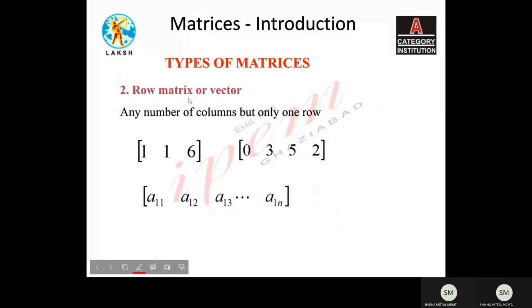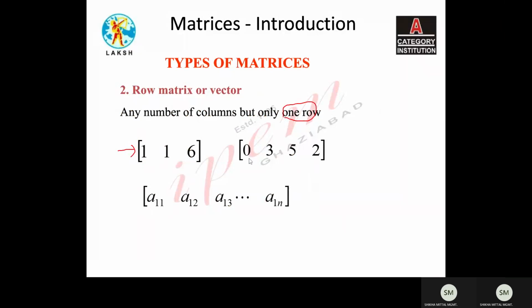Second type is the row matrix or vector. Any number of columns but only one row. Meaning in this matrix, the columns can be any finite number, but there should be only one row. Then this type of matrix is known as the row matrix. As in this first example, there is only one row and the number of columns is 3: 1, 2, 3. The order of this matrix is 1 by 3.